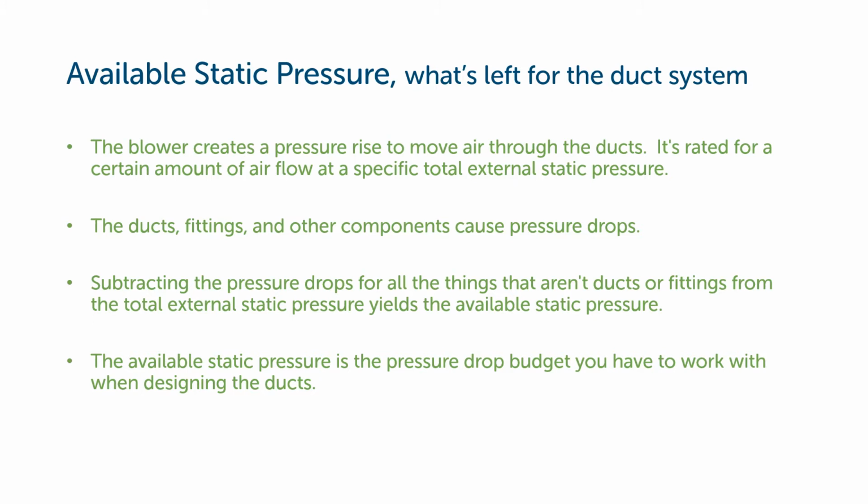So you have the pressure rise by the blower trying to balance out with all the pressure drops from the system. And if you subtract the pressure drops for all the things that aren't ducts or fittings from the total external static pressure, that's going to give you the available static pressure, what's left over. The available static pressure is sort of like the budget that you have to work with when you're trying to select your ducts and your fittings.